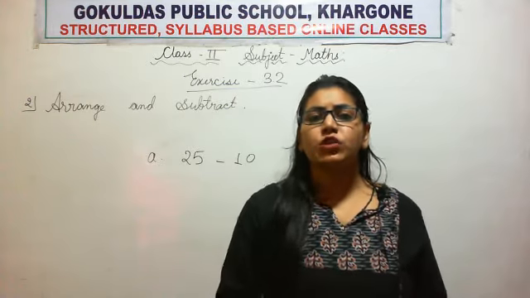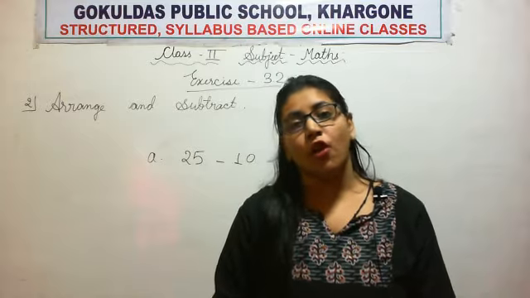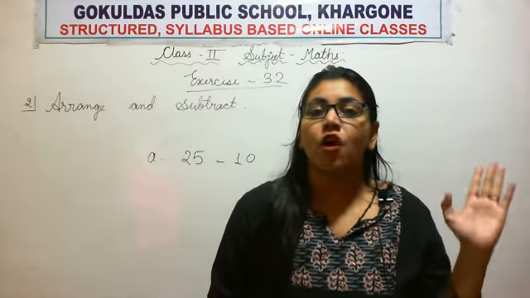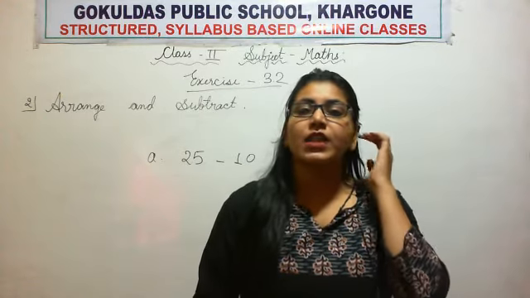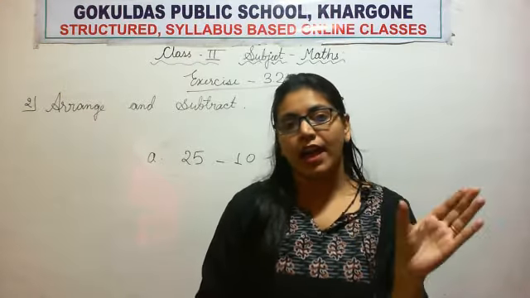The questions we were solving till now were already arranged in tabular form. But in today's question, arrange and subtract, we have to arrange minuend and subtrahend by place values, ones and tens, placing all the digits correctly, and then solve.